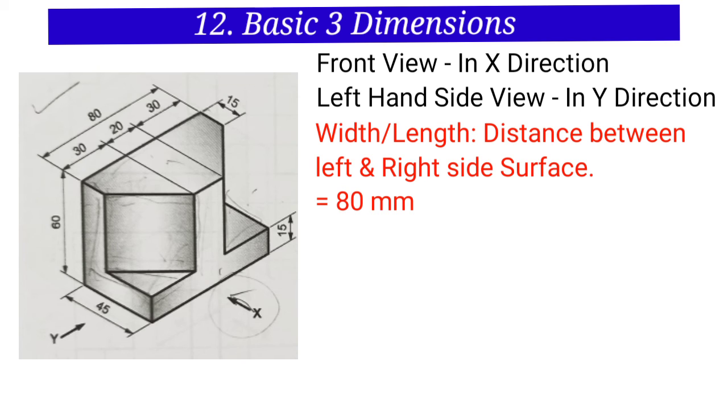Then the extreme left and extreme right surface should be within the hand, meaning hold the object within your hands in such a way that the left surface and the right surface are completely in touch with your palms. Then the distance between these two palms is called the overall dimension width.